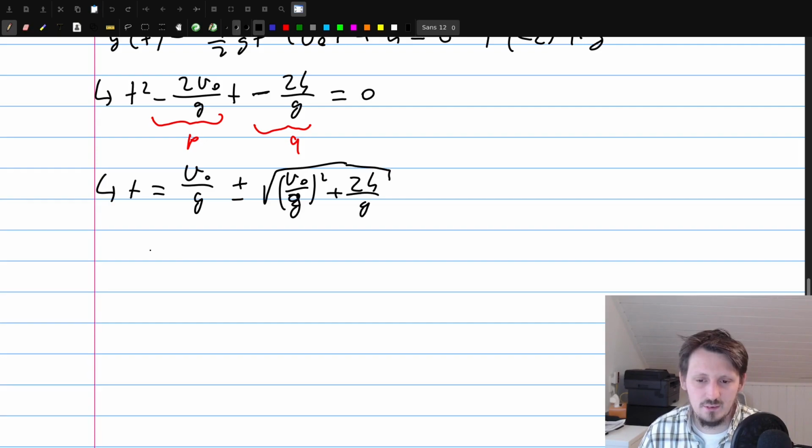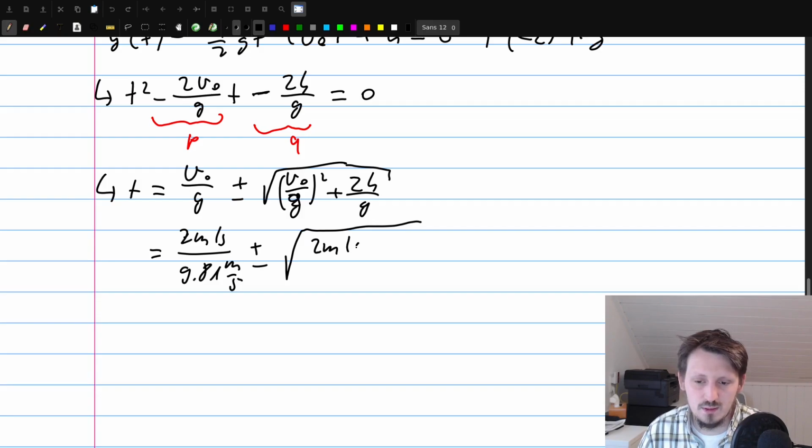Now we can insert all our values, which I had done before. So you can write 2 meter per second divided by 9.81 meter per second squared, plus minus, and of course the same thing we have to insert into our square root.